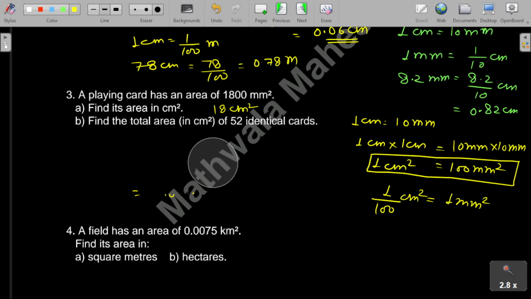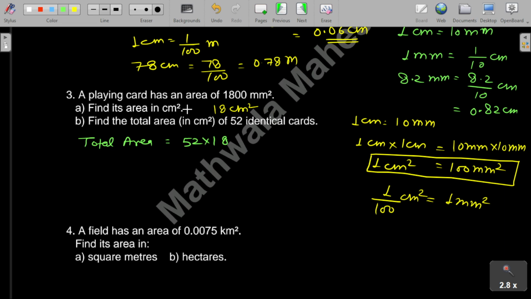Now B option. Find the total area in centimeter square of 52 identical cards. Now total area of 52 cards equal to 52 into 18, because area is in centimeter square.